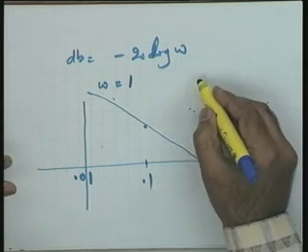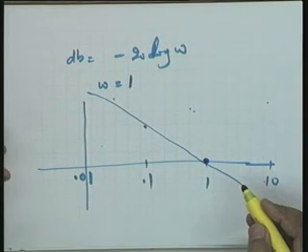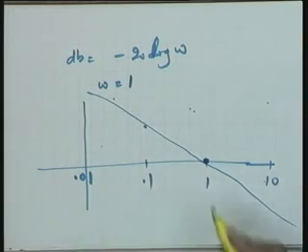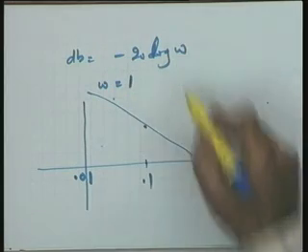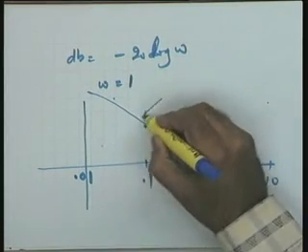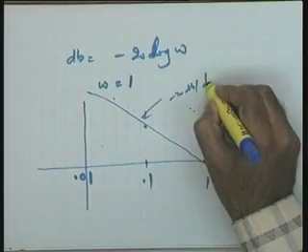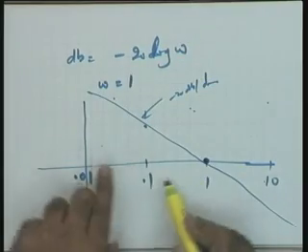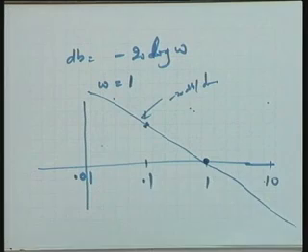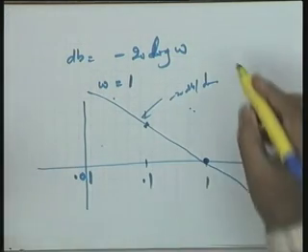Equivalently, in this particular case, this is good enough. This will be the right point. This will be the right strategy, that you take the point omega is equal to 1 and from that point let the line of minus 20 dBs per decade directly pass, and that you can take by going 1 decade down, and with respect to this you take plus 20 dBs up. Okay? So now you help me please, let me retain this particular plot.